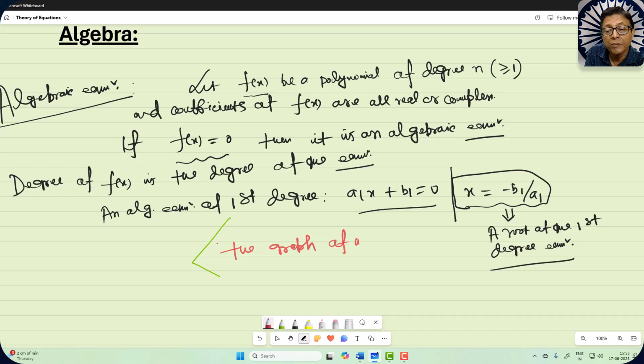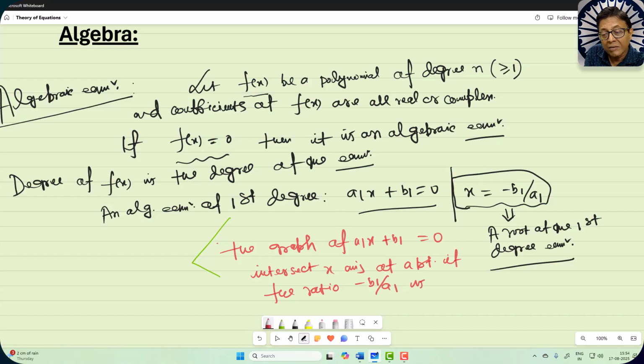The graph of a1x plus b1 equal to 0 intersects the x-axis at a point if the ratio minus b1 by a1 is a real number. If it is a real number, then it will intersect the real axis at the point whose coordinate you can write as minus b1 by a1 comma 0.